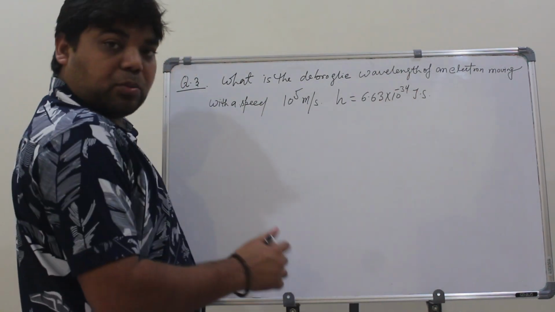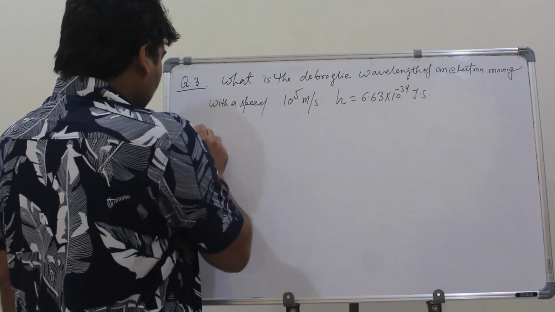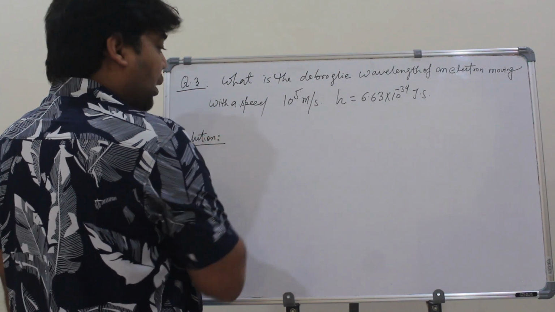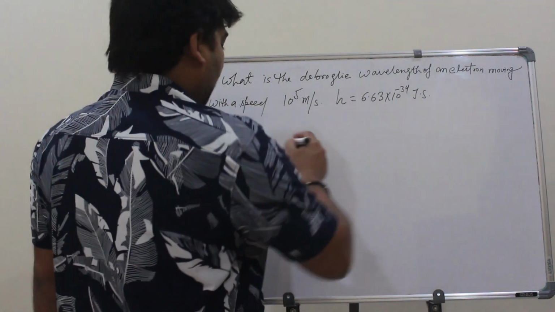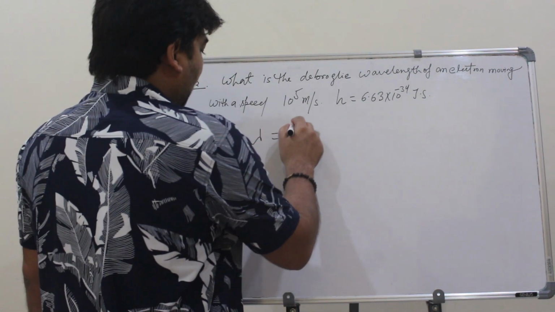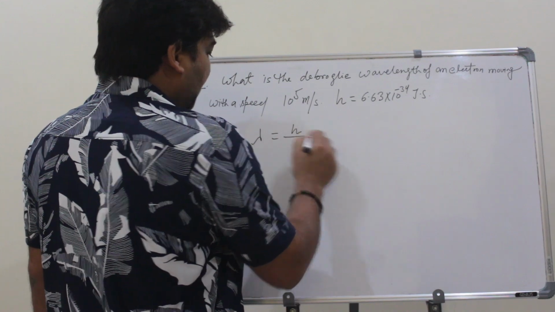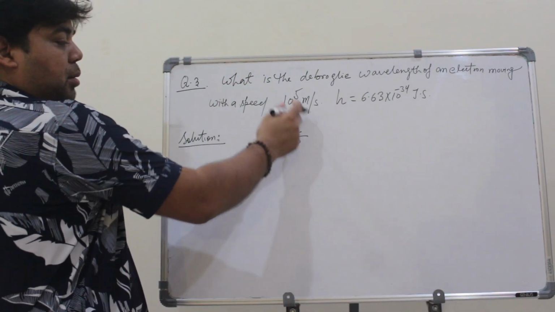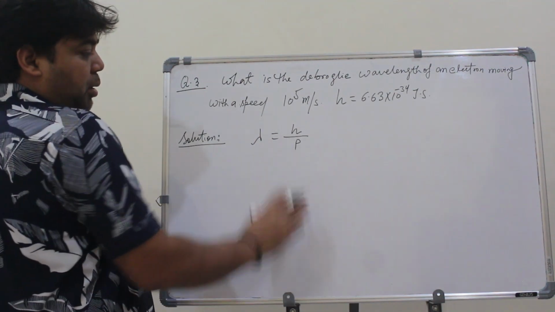So let us calculate the de Broglie wavelength. It's a very simple problem, and sometimes it can be asked. Lambda equals h upon p. This simple formula: lambda, the wavelength, h and p.